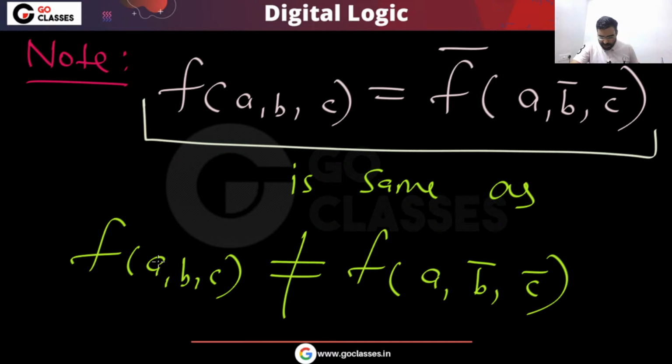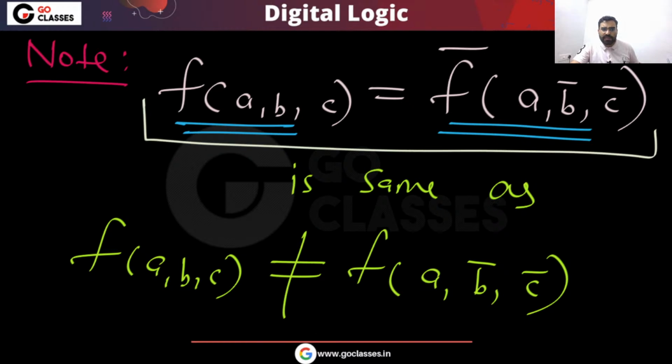Tell me, did you understand this? f(a, b, c) is equal to f bar (a bar, b bar, c bar). This is the same as f(abc) is not equal to f(a b bar c bar).